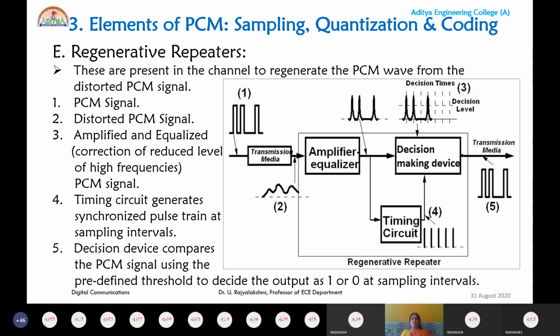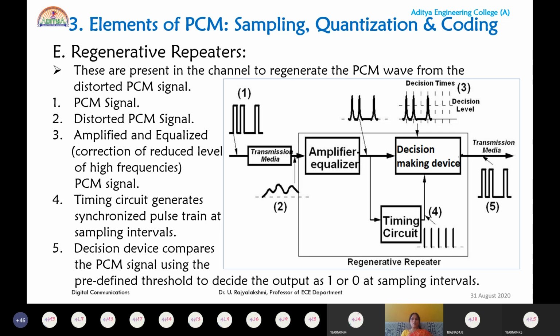The output magnitude is 1 whenever the PCM magnitude is greater than threshold. When the distorted PCM magnitude is less than the threshold or the decision level, then the output is 0. Like that, this repeater regenerates the original PCM from the distorted PCM component.